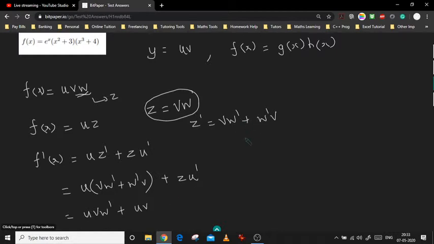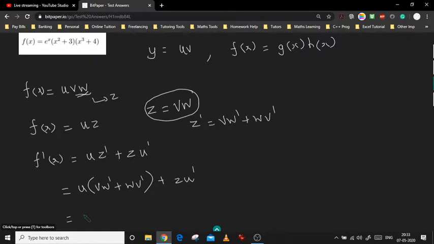Okay, this is not correct here, so I'll just erase this whole part. So it's going to be v w dash plus w v dash. So if I substitute for z dash, I'm going to get u times v w dash plus w v dash, plus z times u dash.